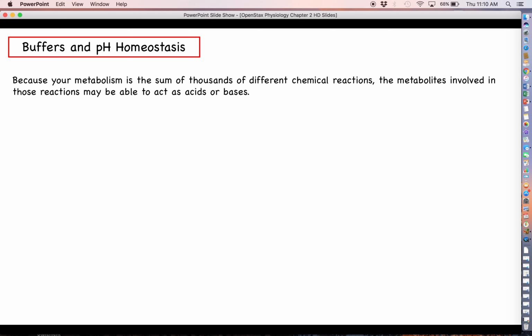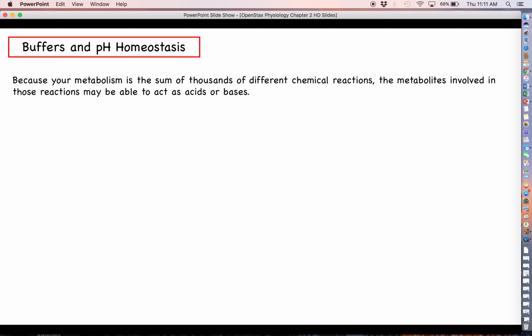So consider this. Because your metabolism is the sum of thousands upon thousands of different chemical reactions that are all releasing products and metabolites and things of that nature, those metabolites may be able to act as acids or bases. So, for example, cellular respiration. Every time your cells perform cellular respiration, they release carbon dioxide.